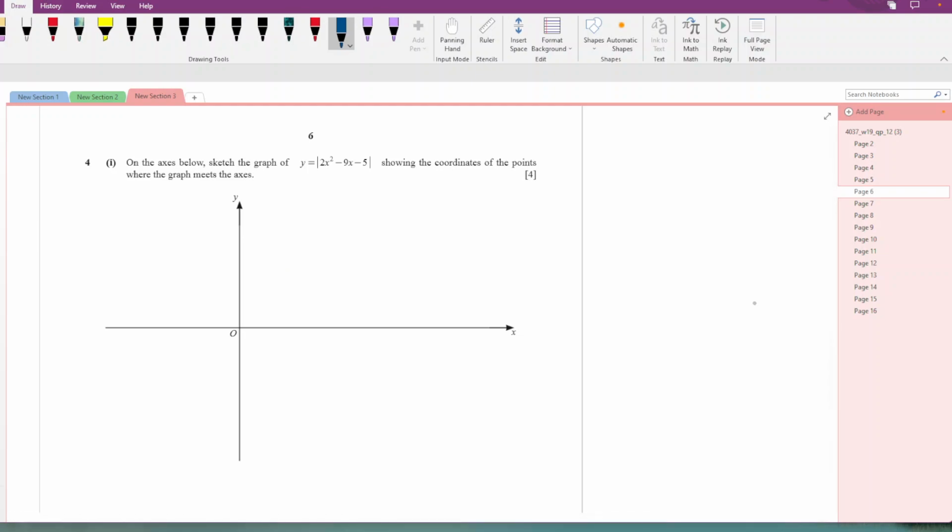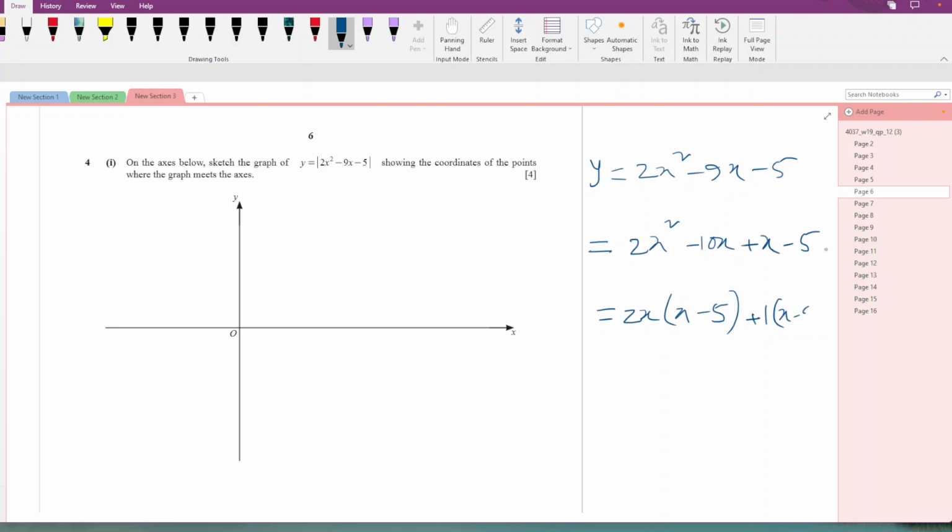At first, I consider y equals 2x squared minus 9x minus 5. 2x squared minus 10x plus x minus 5. 2x(x minus 5) plus 1(x minus 5), so (x minus 5)(2x plus 1).